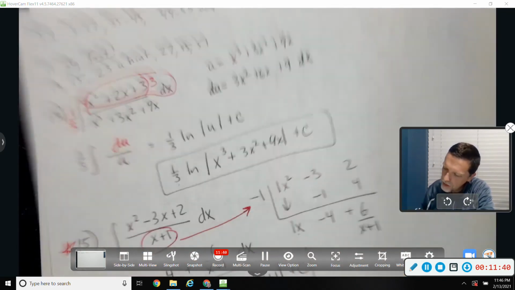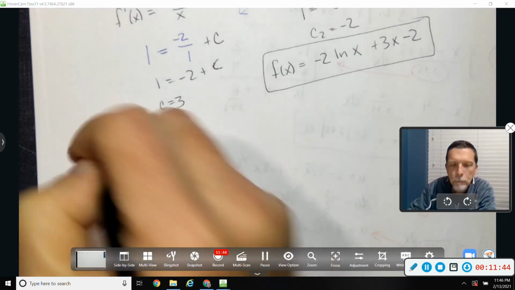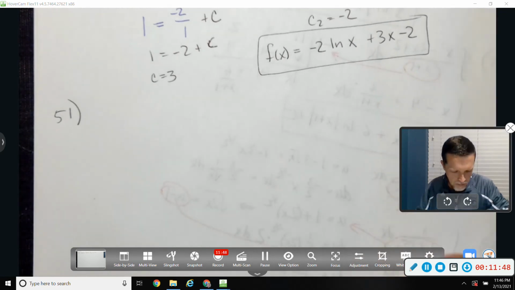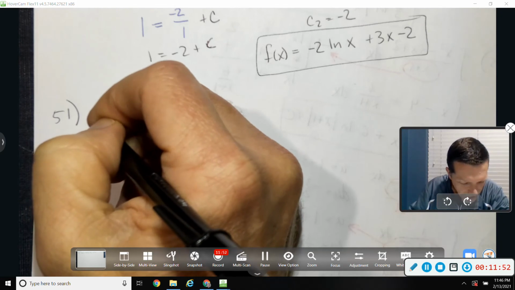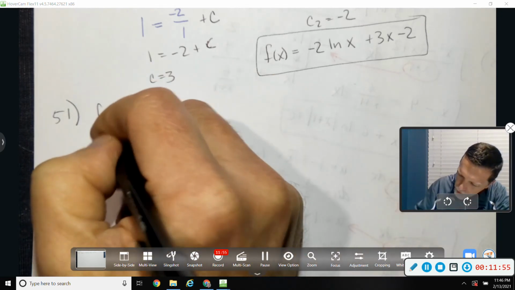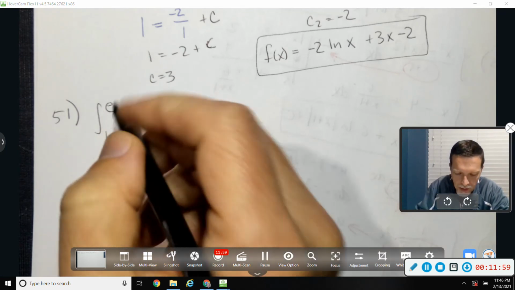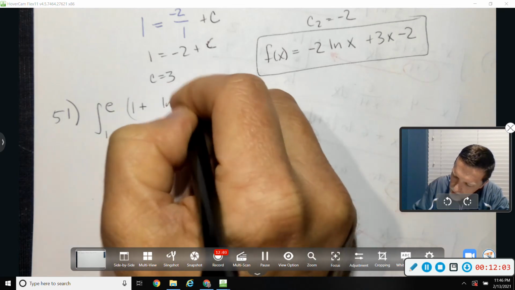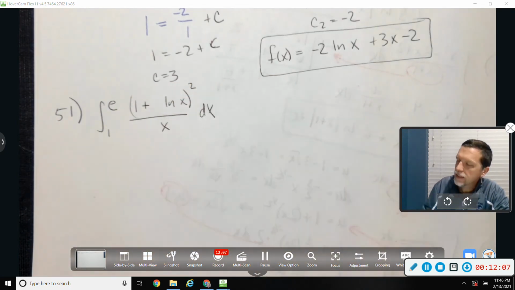The last one I want to look at is 51. The integral from 1 to e. Okay, so a definite integral, so I need to integrate and then put the limits in. 1 plus natural log of x squared over x dx.